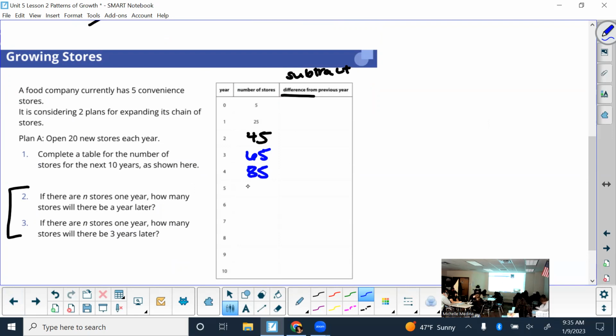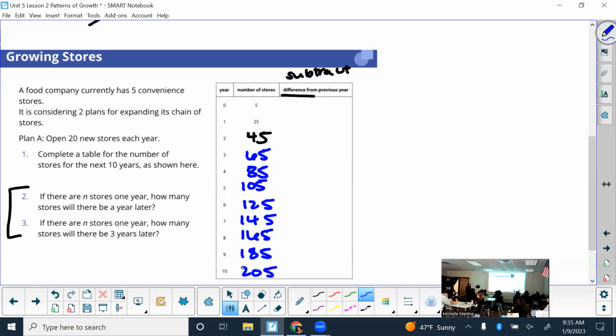Table 8, year 5, 105. Table 1, year 6. Table 2, year 7. Table 3, year 8. Table 4, year 9. And table 5, year 10.